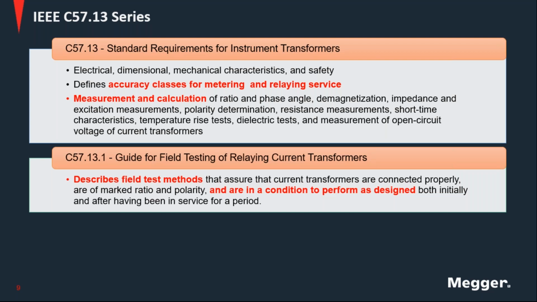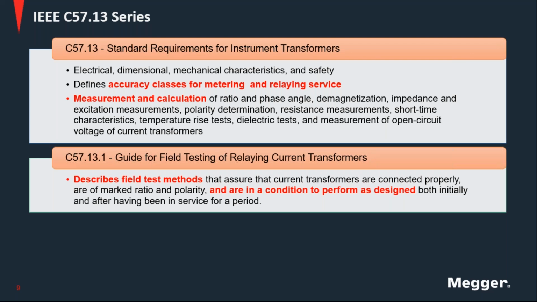As an additional source of information, we have C57.13.1, which is the guide for field testing of relaying current transformers. This is the document that specifies more details about relaying class current transformers.